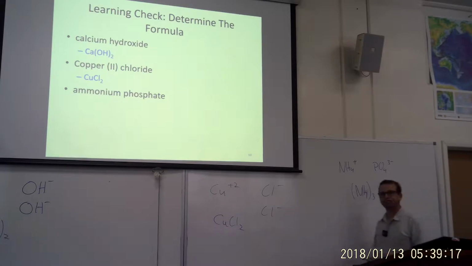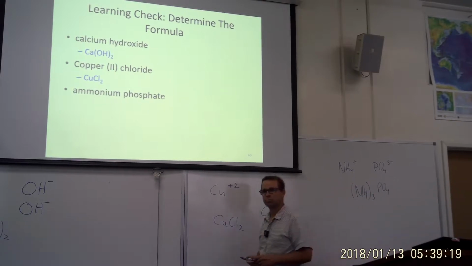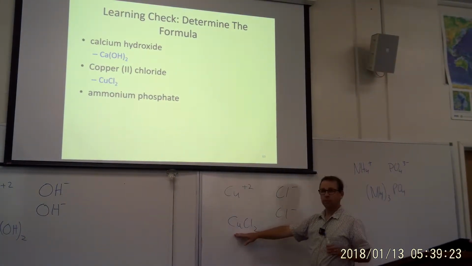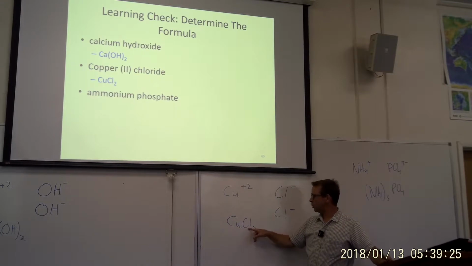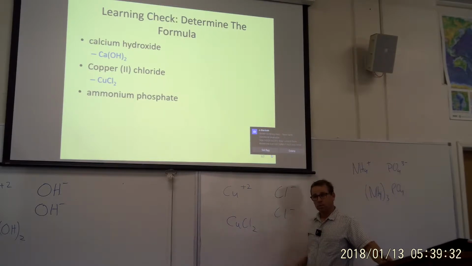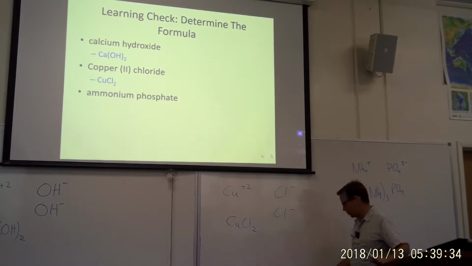Okay, yeah. How do you know when to put the parentheses and when to just leave it like that, like you did with the copper? Oh, here? So here we don't need parentheses around. Parentheses will only be around clusters of atoms, first of all. The polyatomic. Right.